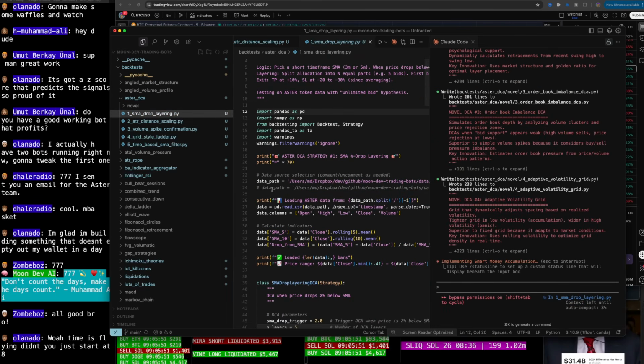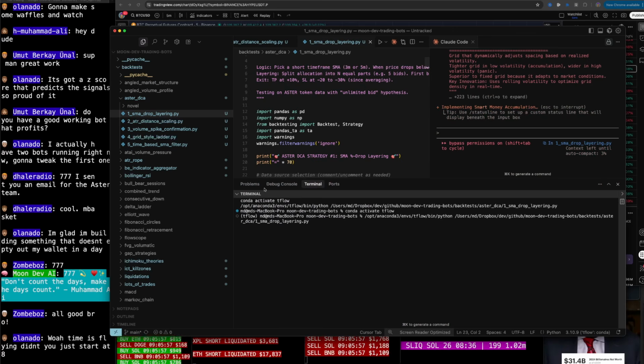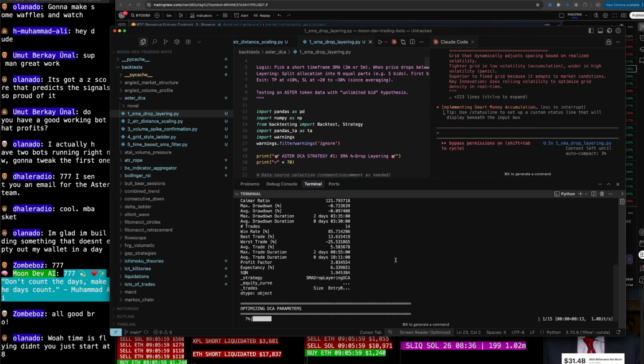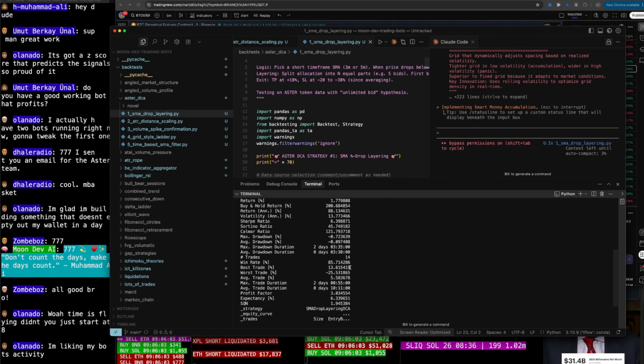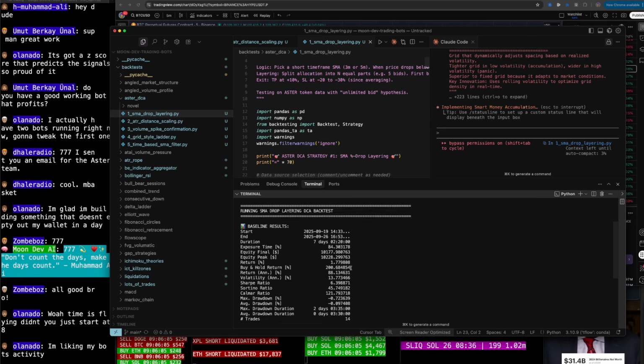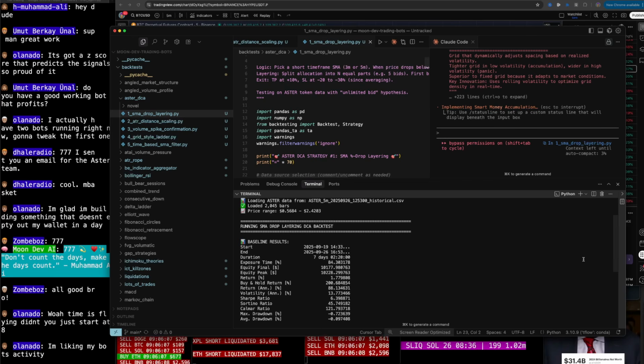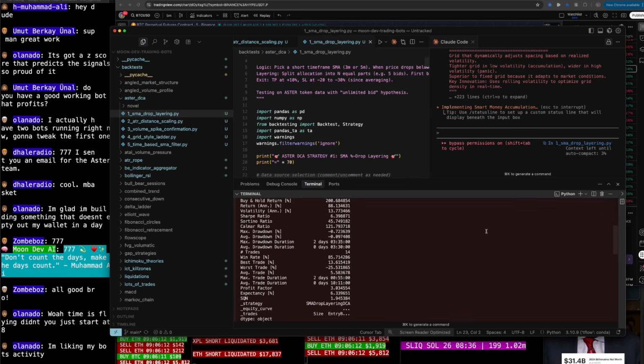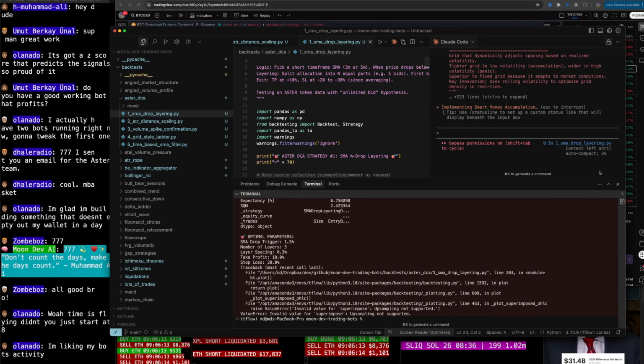Layering here. Data path. Okay, the 14 trades here. Expectancies are nuts here, which is good. 1.7% return. Okay, so none of these look very smooth to me.